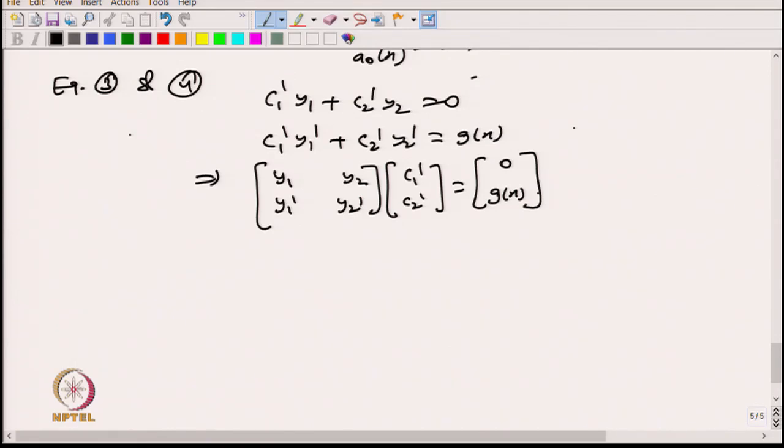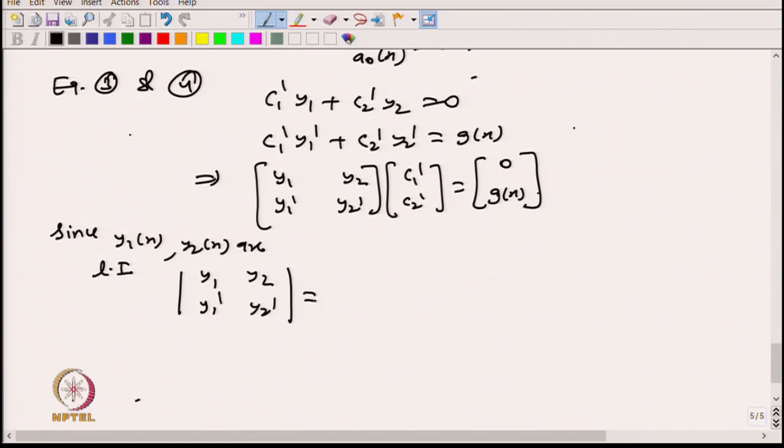I know that y1(x) and y2(x) are linearly independent. So this determinant of y1, y2, y1', y2' is the Wronskian, and it is not equal to 0. If the Wronskian is not equal to 0, then I can solve this system with the help of Cramer's law.